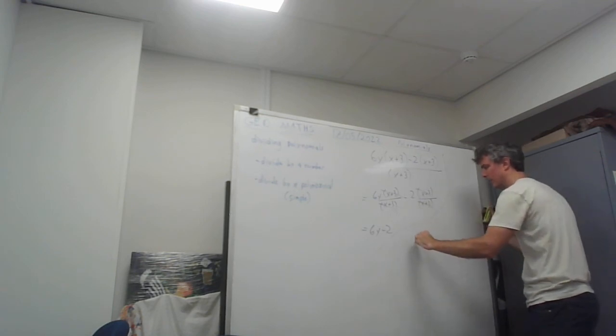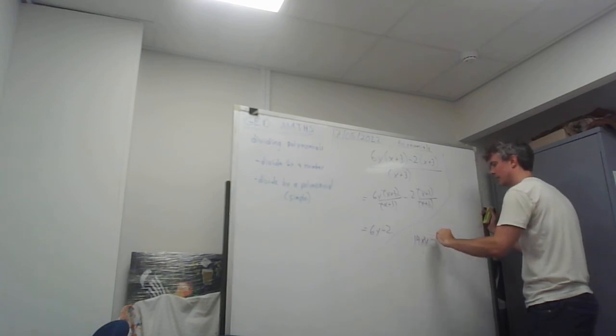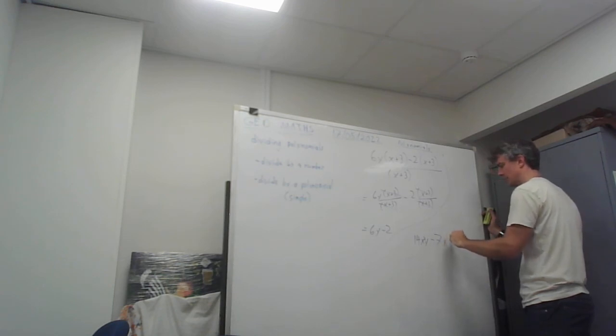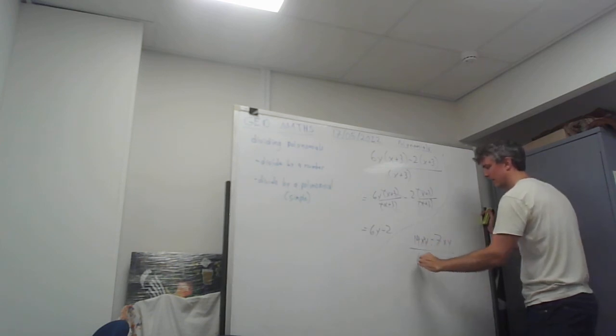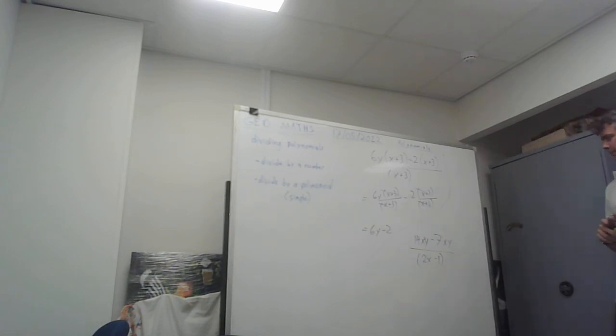Say I have 14x squared y minus 7xy, all divided by 2x minus 1. That's minus 1. I think that works. This one is hard.